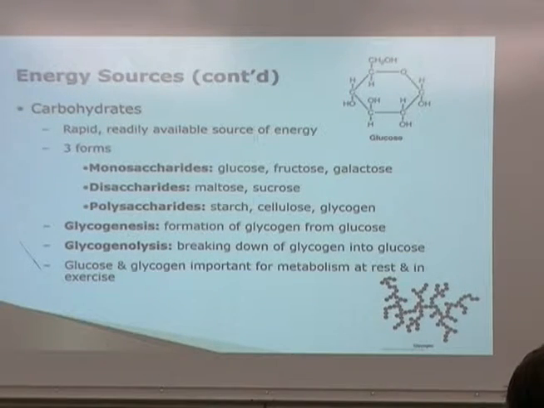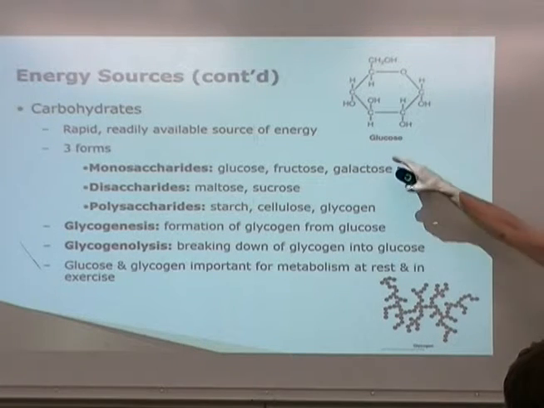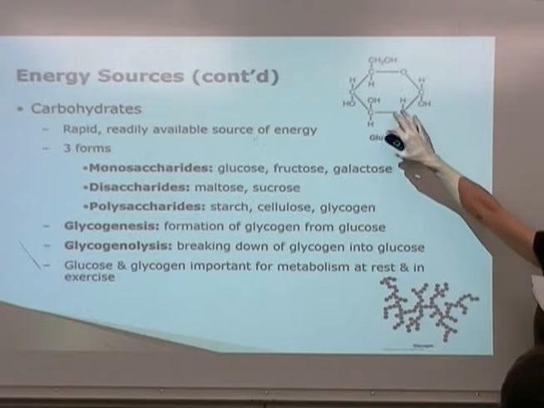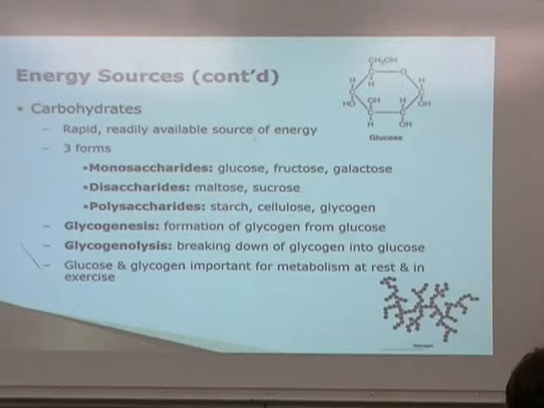Carbohydrate is very useful for humans because it's a rapid source of energy for us. Okay? It's not a very big molecule. It doesn't take very long to break it down and get at the energy bonds that are in a carbohydrate.